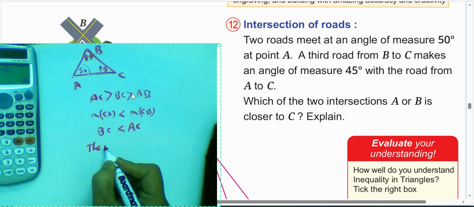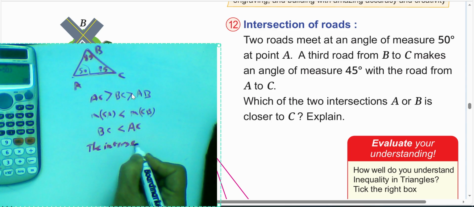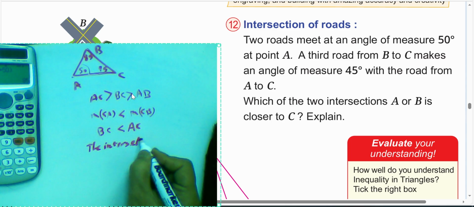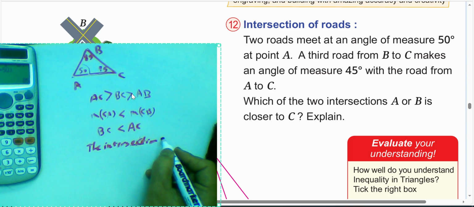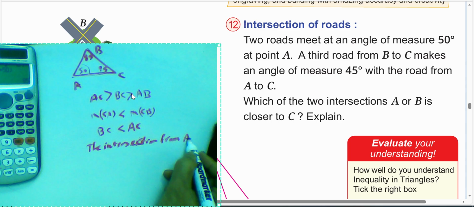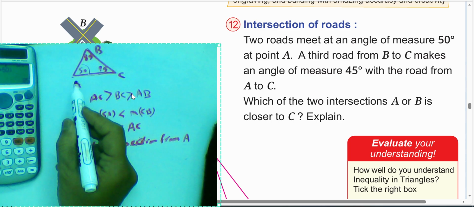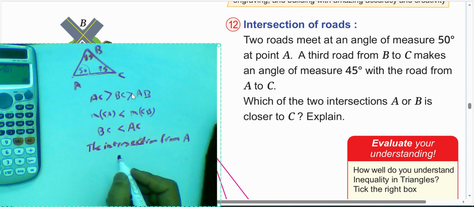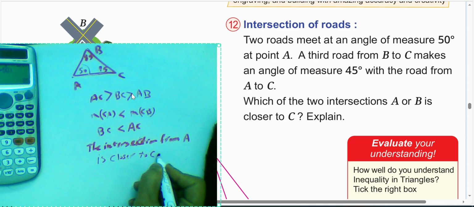The intersection from A is closer to C. Understood?